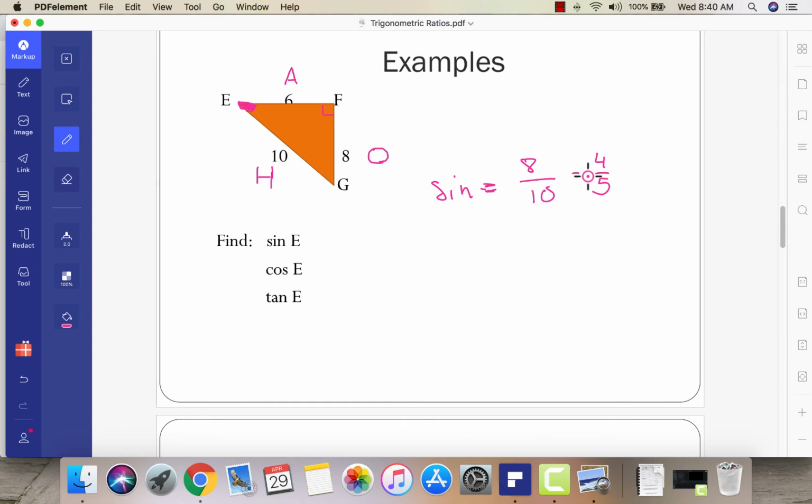We are going to leave these as fractions. So the sine of E equals 4 over 5. The cosine of E equals, so cosine is adjacent over hypotenuse. Adjacent is right next to you, and that's 6 over 10, which reduces to 3 over 5.